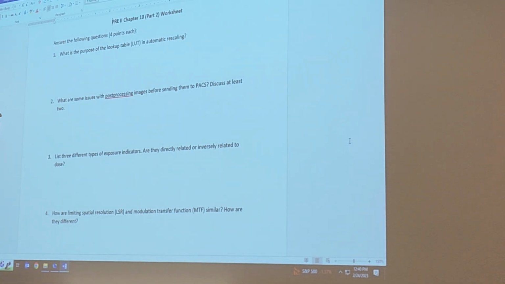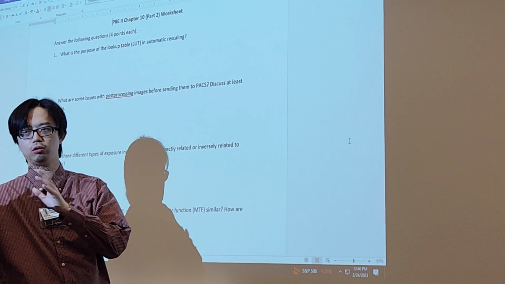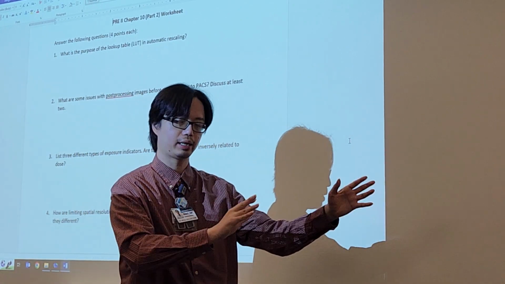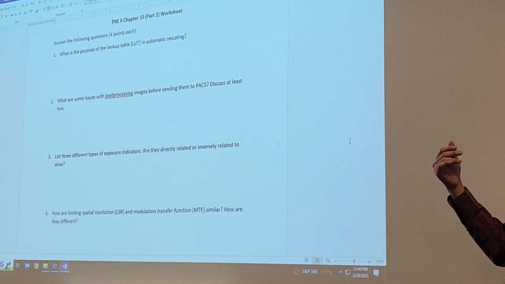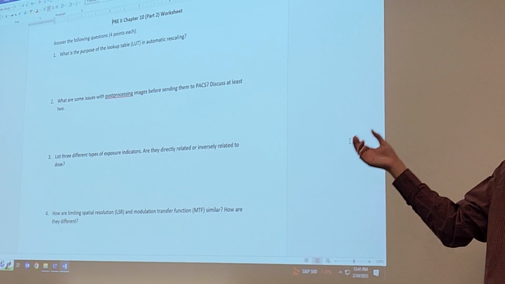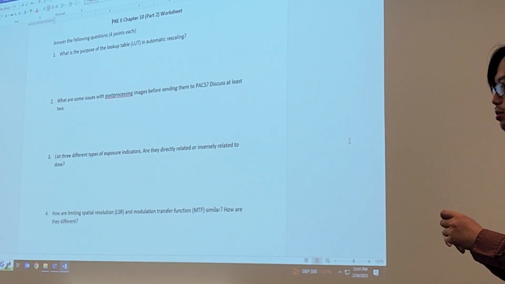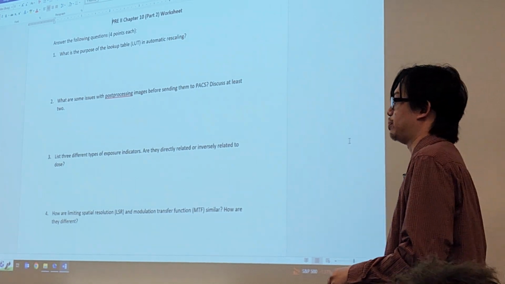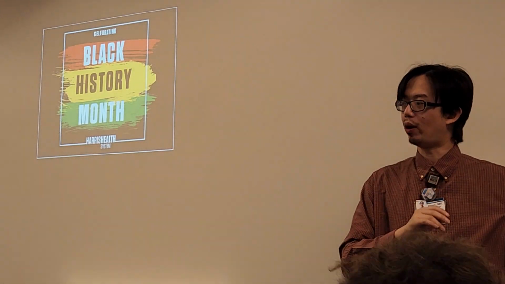Lookup table. That's right, that is the purpose of the lookup table. The lookup table is there to help you go from a low contrast image to a high contrast image. So basically, you have your low contrast. Your darkest color is a darkish gray, right? You throw that into the lookup table, and it's like, all right, anywhere you've got this dark gray, it is now going to look black. You've got a lightish gray for your bones. You give it to the lookup table, and it says, all right, from now on, any color with this lightish gray will look white.